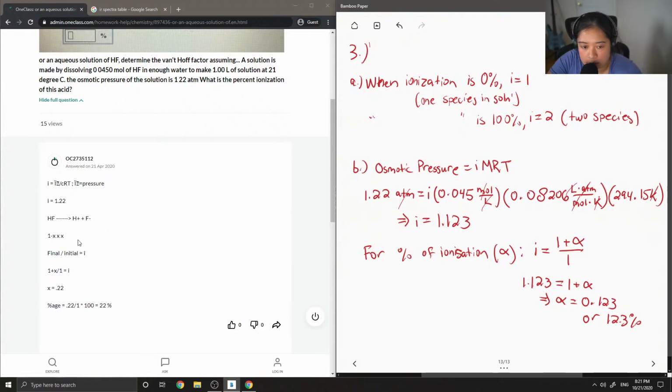So they got... let's look at these symbols.